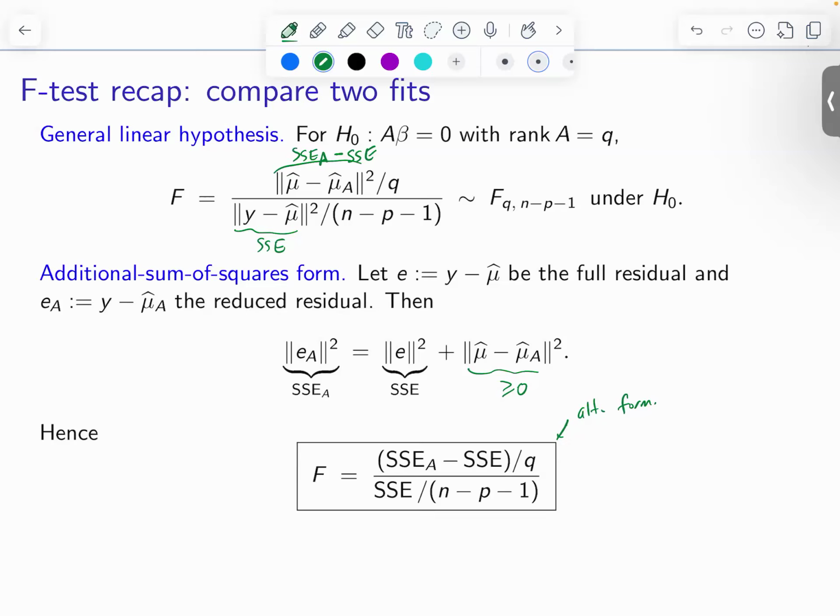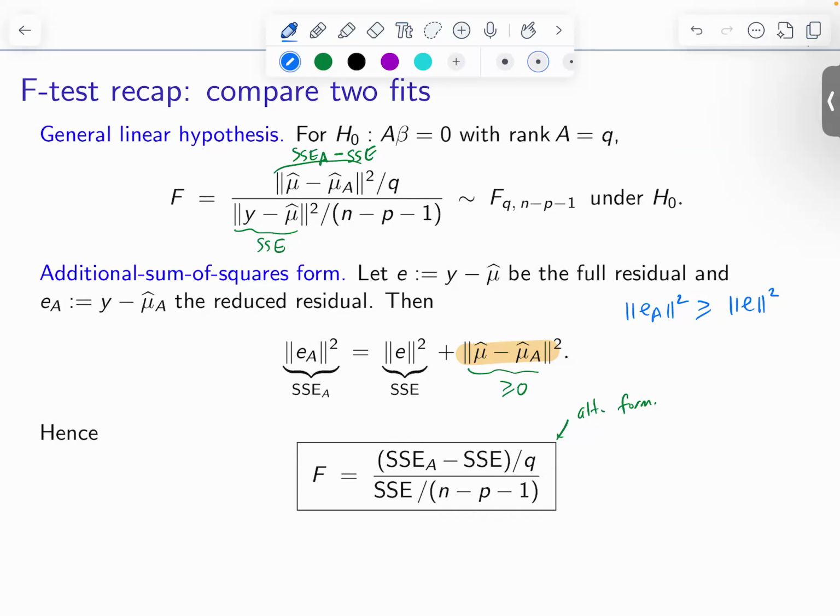And the other thing to note is that because this term is always non-negative, we always have the norm of EA squared bigger than or equal to the norm of E squared. So what is the interpretation of this inequality? What does this mean? Yes, you're going to have more error under the reduced model.